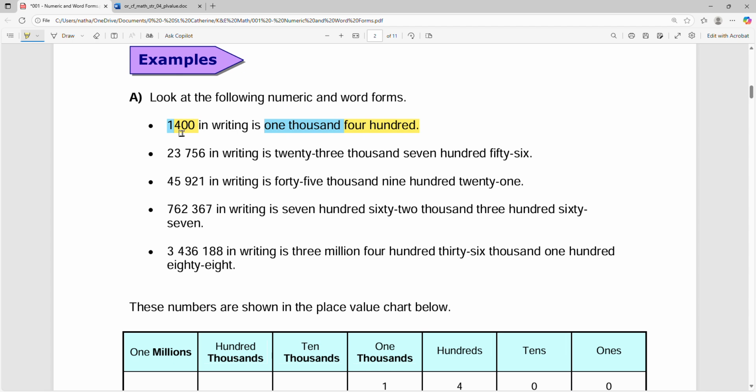So we've got the hundreds here. Now we're into the thousands place. So we're going to say 1,000. Then we write 400.